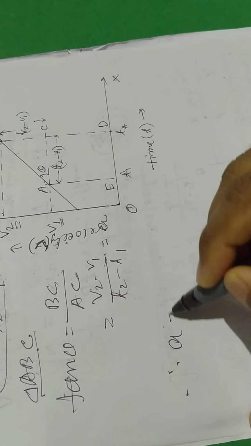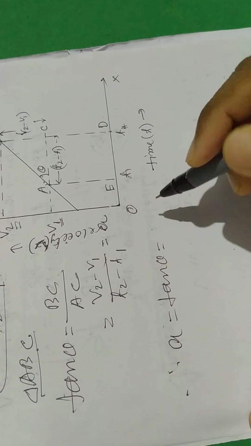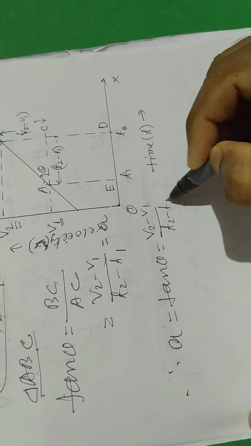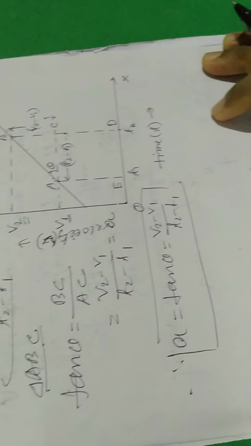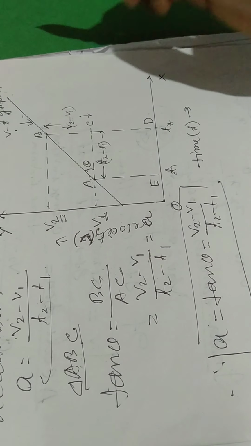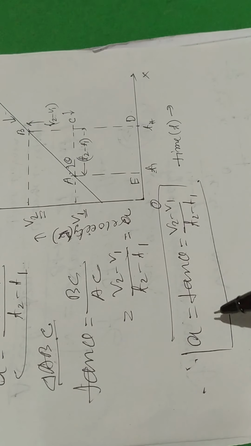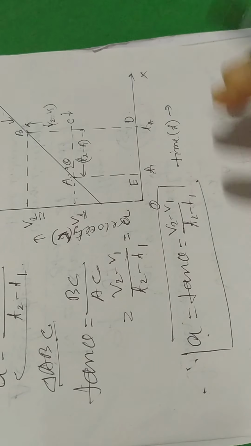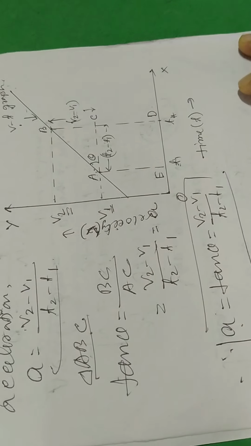Therefore, a equals tan theta equals (v2 minus v1) divided by (t2 minus t1). So what does the slope of the velocity-time graph for uniformly accelerated motion represent? It represents acceleration.